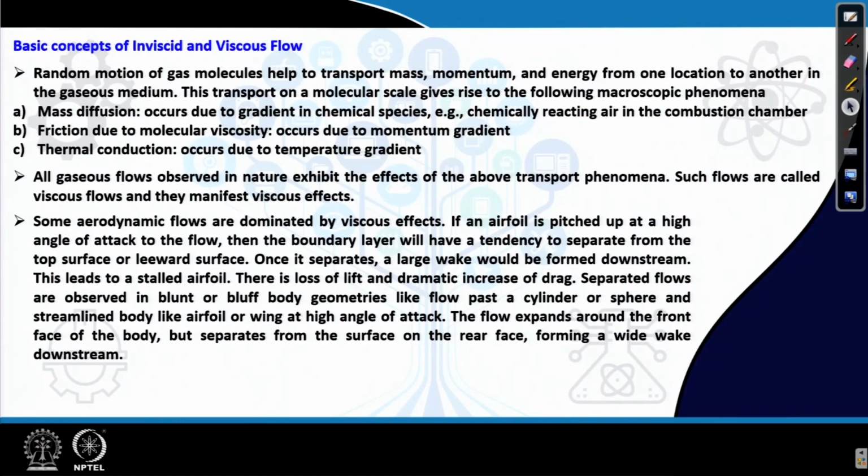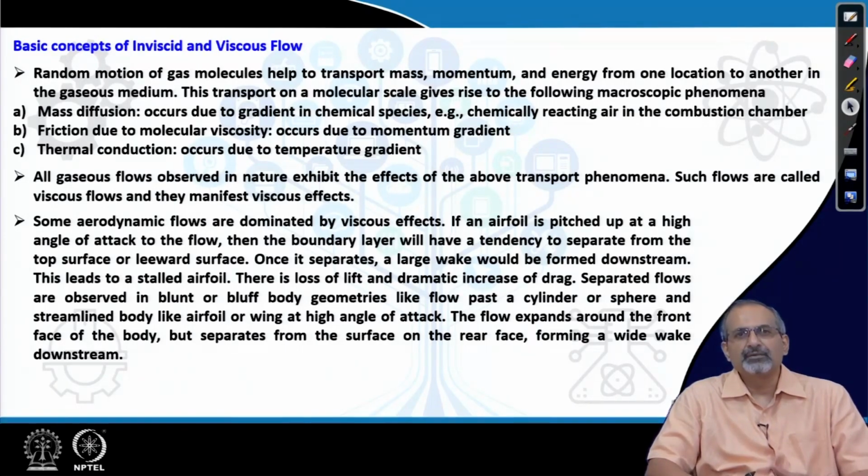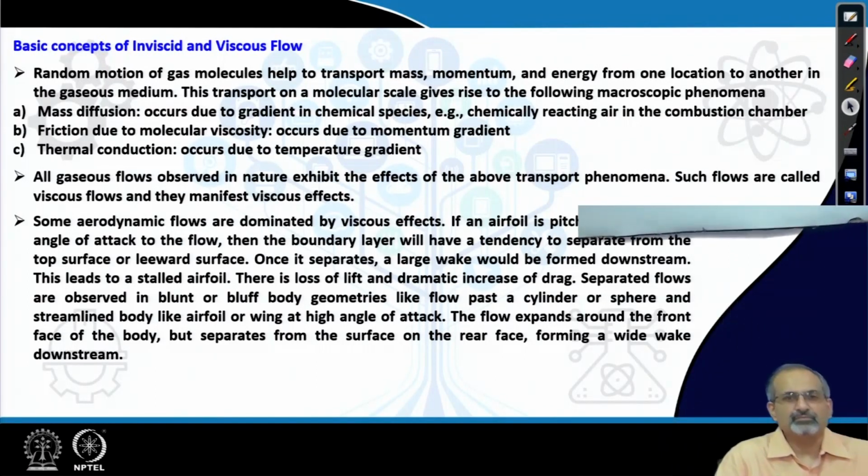B, friction due to molecular viscosity, and this happens when you have gradients in the velocities in different parts of a flow. That would lead to frictional effects in the fluid field. C, thermal conduction, which occurs due to temperature gradient existing in the flow.